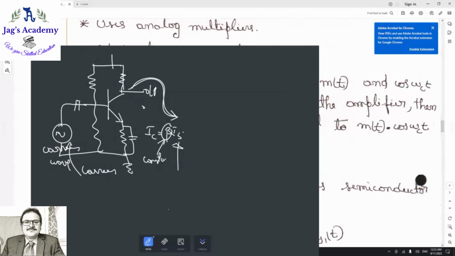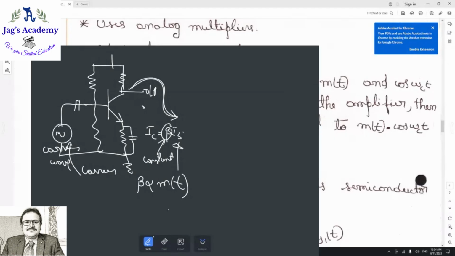Now I can make this amplifier a variable gain amplifier. This is the gain of the amplifier, right? Gain will not be constant. So what I will do is make this beta proportional to your m(t). This is what I told you in my previous class.